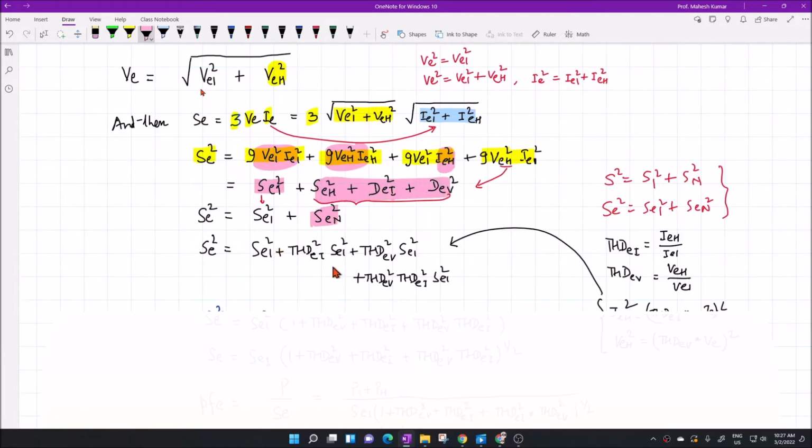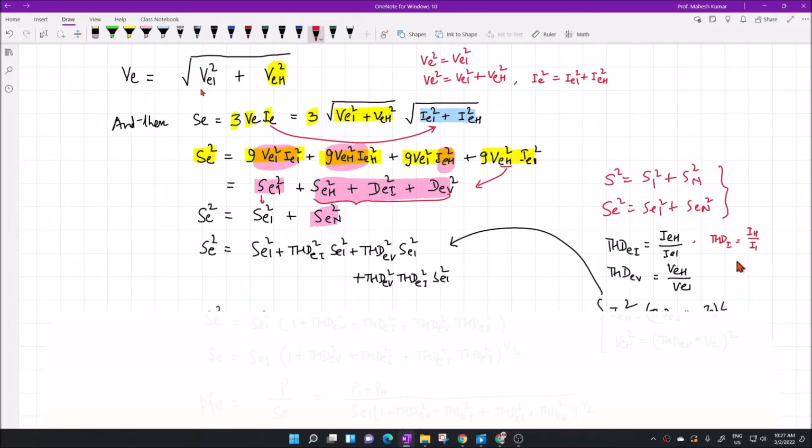Now we can also simplify it using the definition of total harmonic distortion. THD EI equals IEH by IE1. If you remember, earlier we defined THD: let us say THD I equals IH by I1.